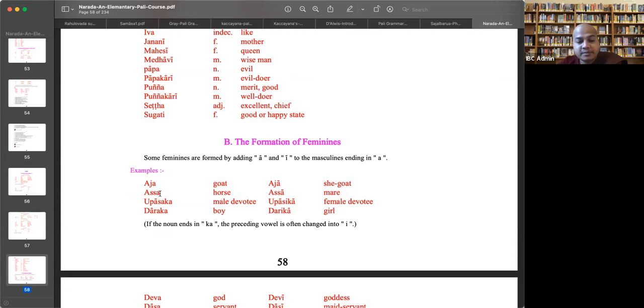Same with this word asa. Asa means horse.